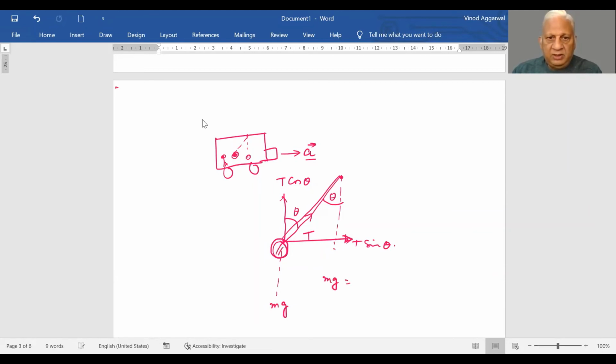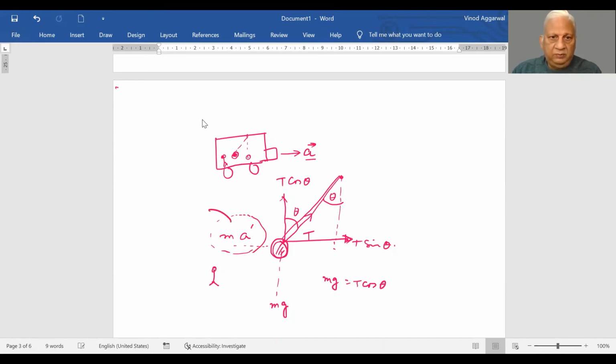Since the bob is at rest with respect to a person sitting here in the moving frame, mg becomes equal to T cos theta, and let us say there is a fictitious force which is acting here.